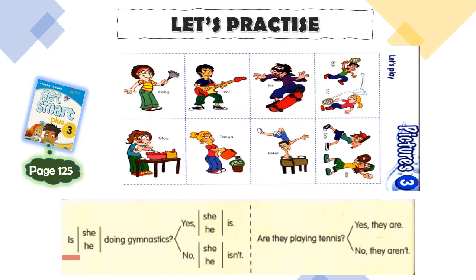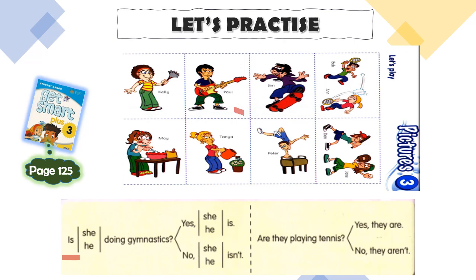Is for singular subject. Then we say she or he. If Kelly, then we use she. What about Paul? For Paul, we use he. So you just have to look at the picture and decide whether you want to use she or he.